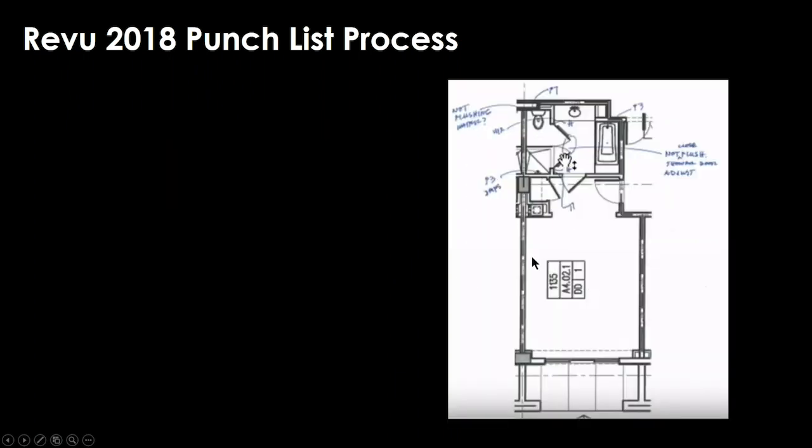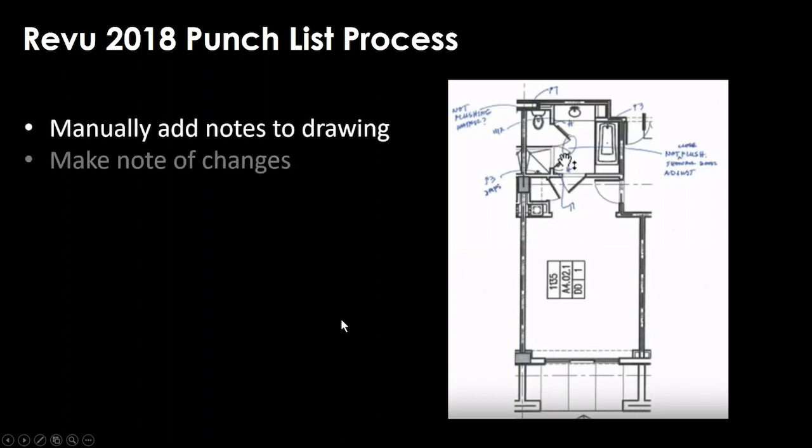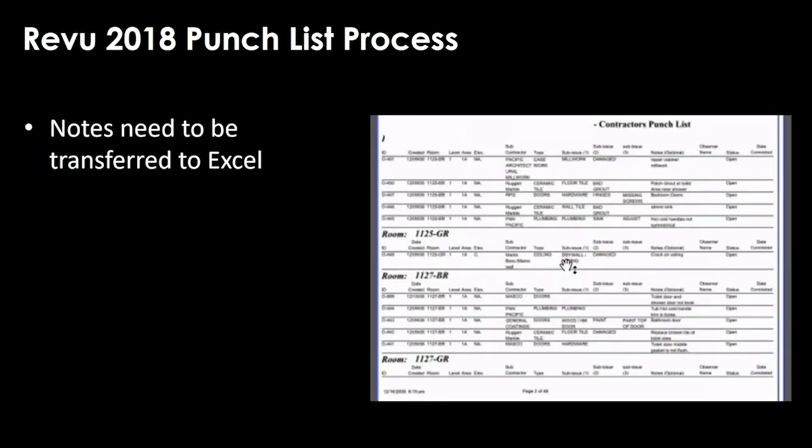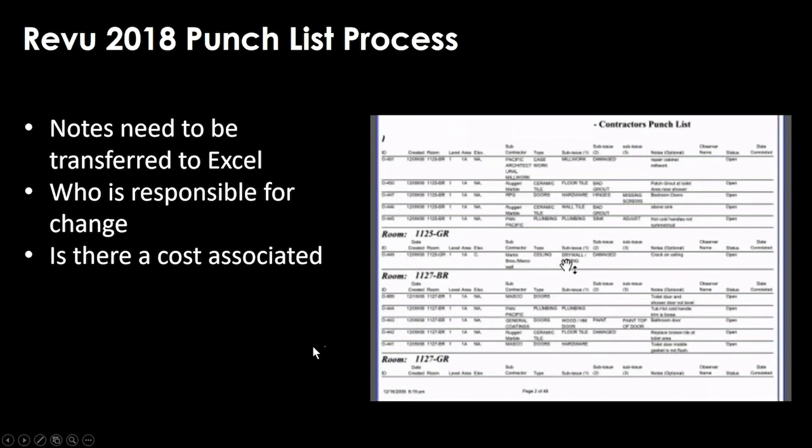Here might be a little 8.5 by 11 piece of paper where you've enlarged a room, and you will start putting your markups on there. Once you put those on there manually, you make note of the changes, you make note of corrections that are needed, and then that has to be transferred over to Excel. Maybe who's responsible for that change? Are there costs associated with it, and what the status is?